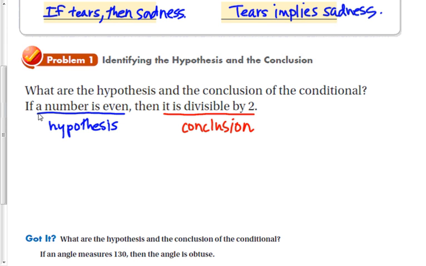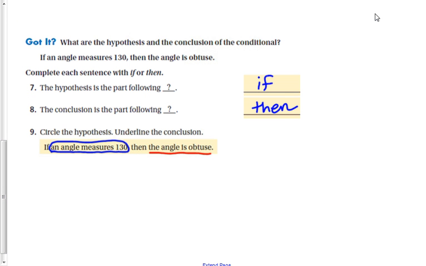Go ahead and see if you can identify the hypothesis and conclusion in the next problem. Notice in the answers here that I did not circle the word if. I did not underline the word then. That is not included in the hypothesis or the conclusion.